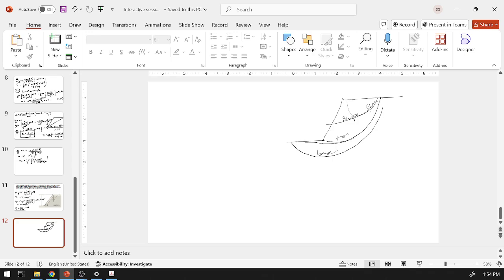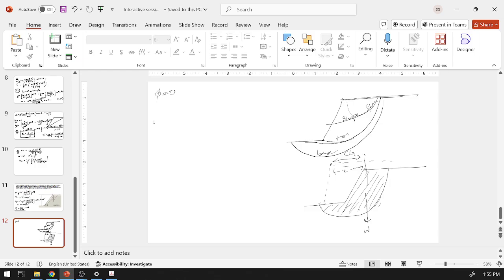So in homogeneous clays with phi equivalent to 0, what we do is simply take the mass of the sliding body. If this is the circular failure surface, we take the mass of this body and equate it to W, and let's say this is the center of gravity and this is x bar.